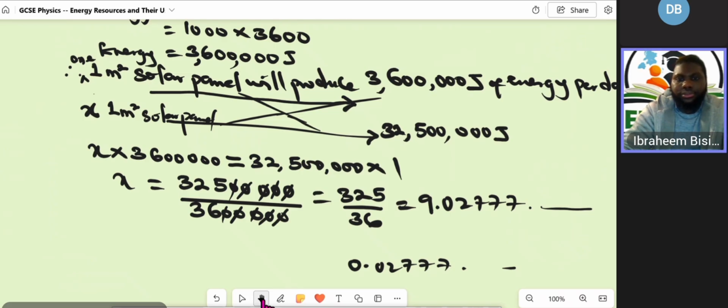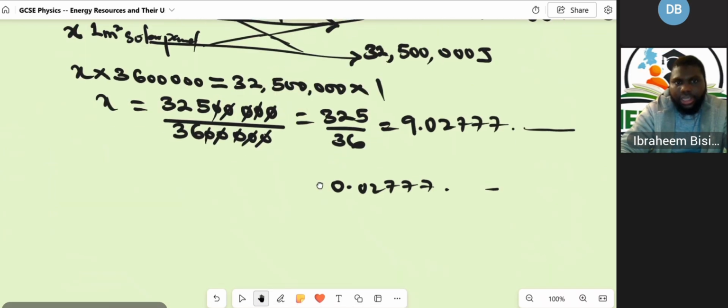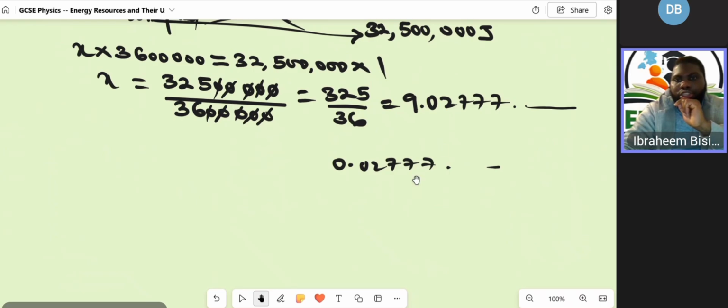So invariably, the family will be short of that amount of energy if they use 9 of those 1 square meter solar panels. They will be short of 99,900 and something joules of energy. So that will not be the minimum they need.